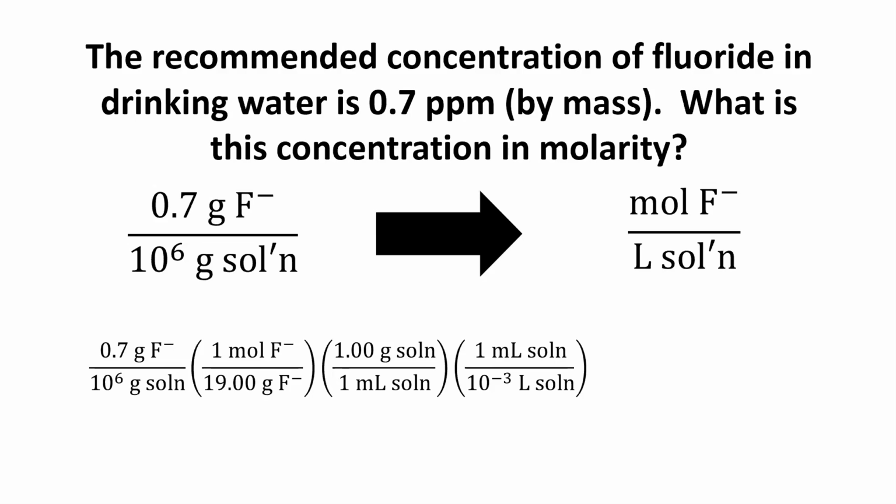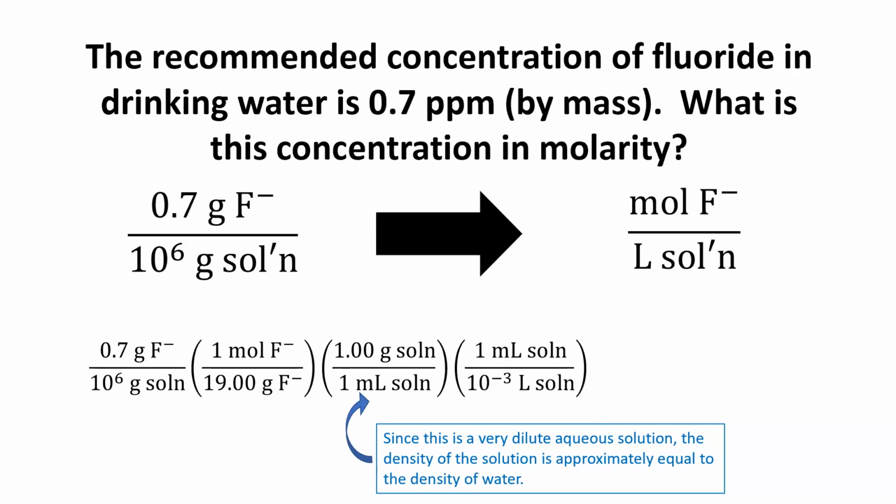In that case, we can assume that the density of our solution is very close to the density of just the pure solvent, which in this case is water, since we're talking about drinking water. So for the density, we can use 1.00 grams per milliliter. That's roughly the density of water. And then lastly, we need to convert into liters, so we need to use our prefix conversions again.